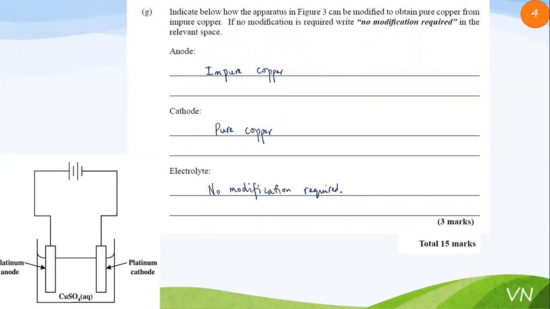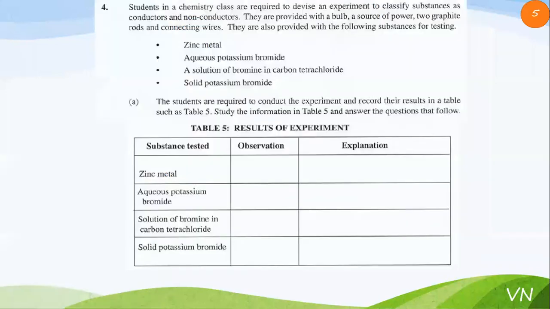All right, so last question for the evening. So this question here talks about identifying substances as either conductors or non-conductors.